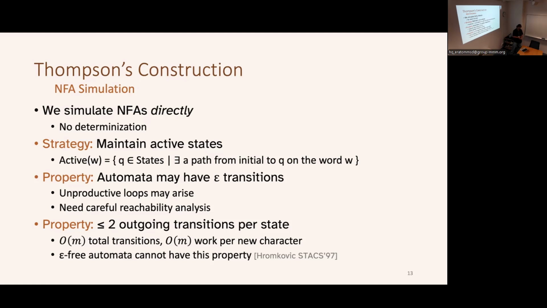And it turns out that in fact, if you want a linear number of edges, you have to have an NFA with epsilon edges. There is a pretty old paper showing why this is the case.